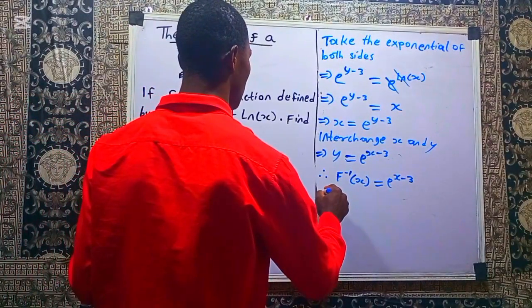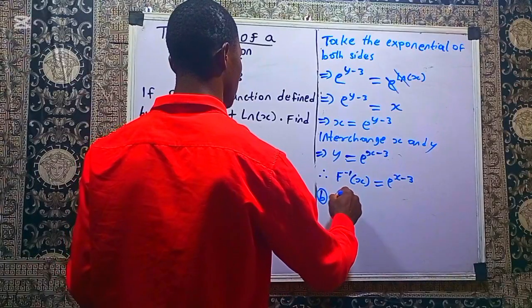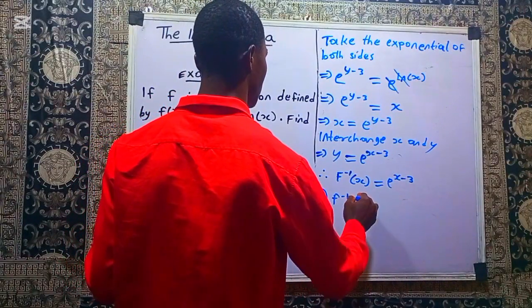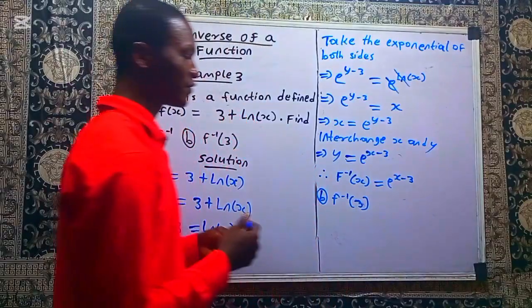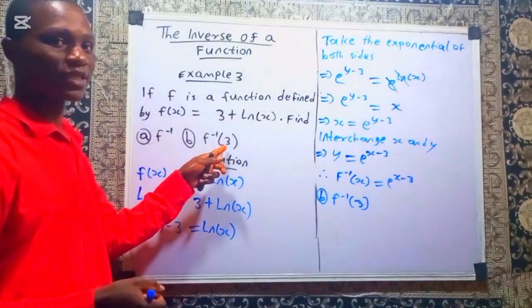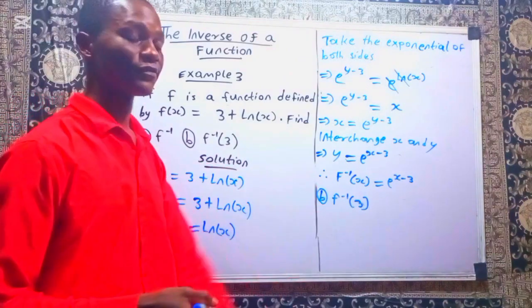The second question, they ask us to get f inverse of 3. So f inverse of 3, that's putting x equals 3 in the inverse function.